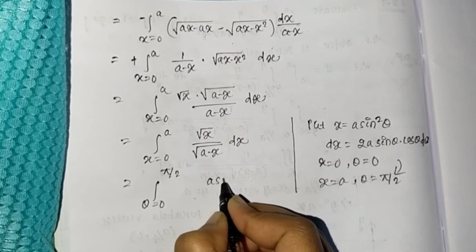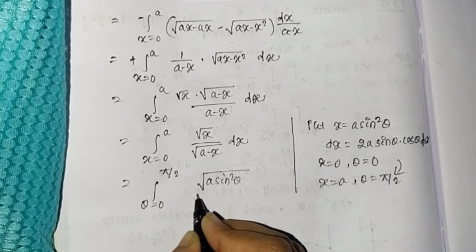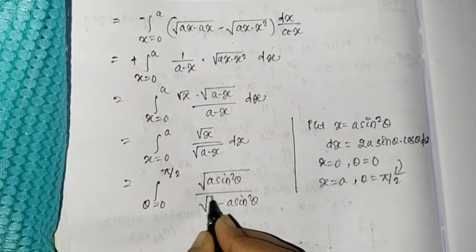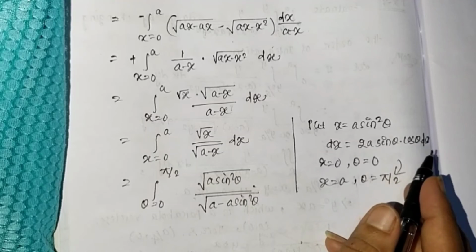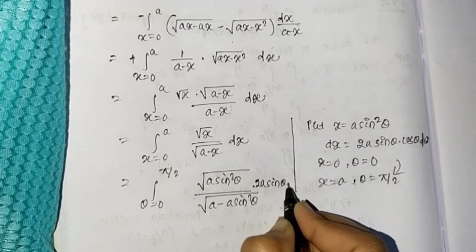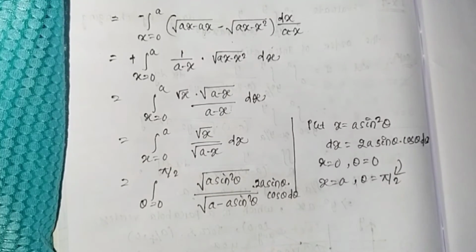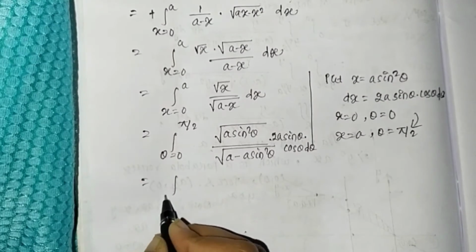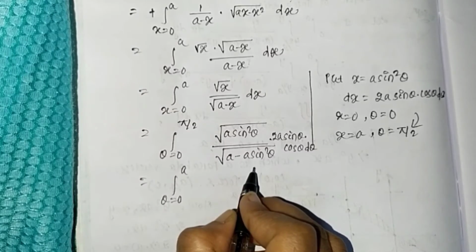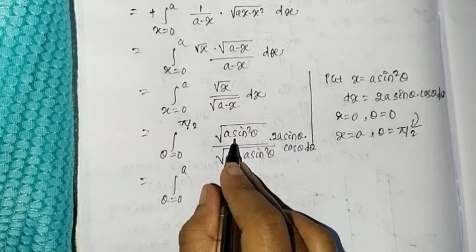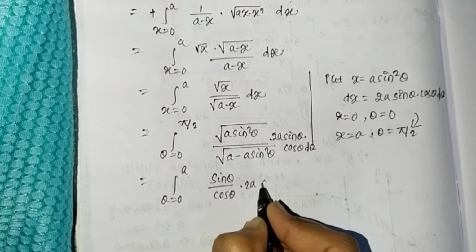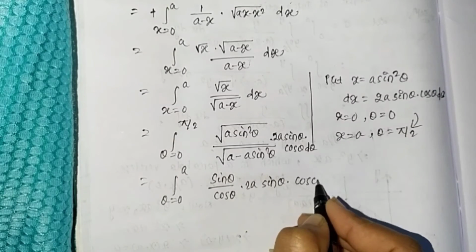X is a sin square theta, root over x, and that is equal to root over of a minus a sin square theta, into dx, which is our 2a sin theta cos theta d theta. That is equal to theta from 0 to pi by 2, 1 minus sin square theta is our cos square theta, and it is cos theta, and a gets cancelled out. So sin theta divided by cos theta into 2a sin theta into cos theta d theta.